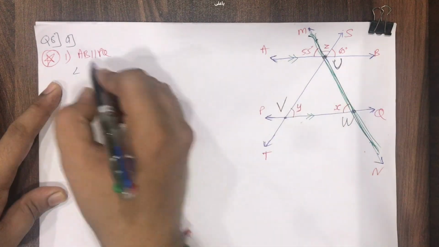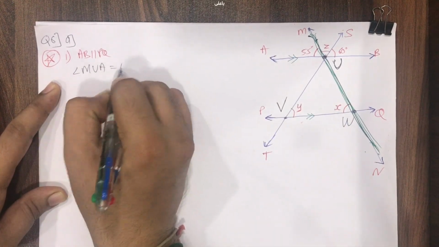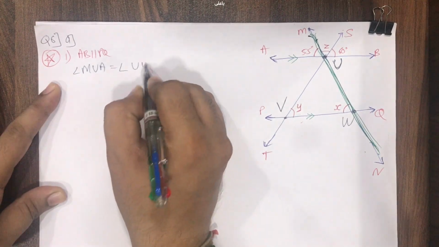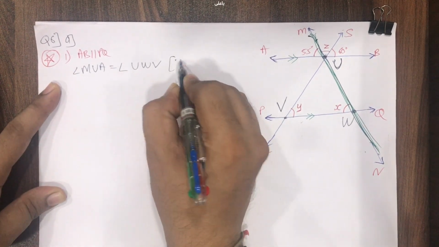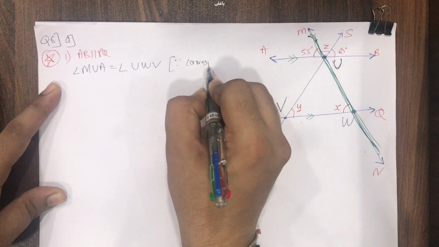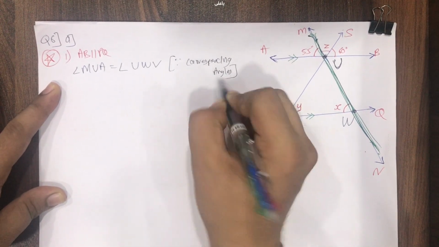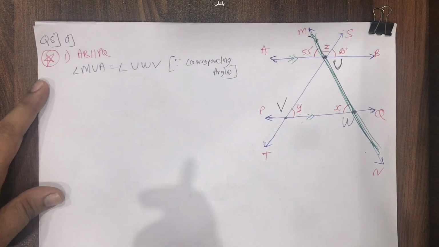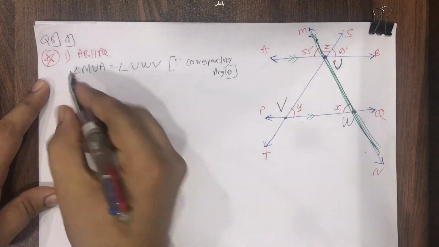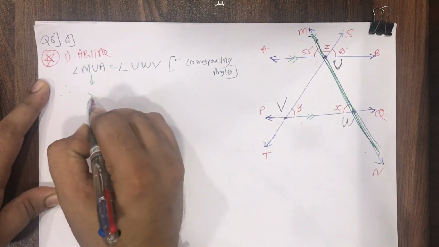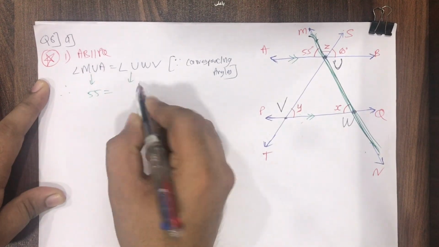Angle MUA is equal to angle UWV. Reason, corresponding angles. That's it now. So therefore, what's the value of angle MUA? MUA is 55. So 55 is equal to, what's the value of UWV?